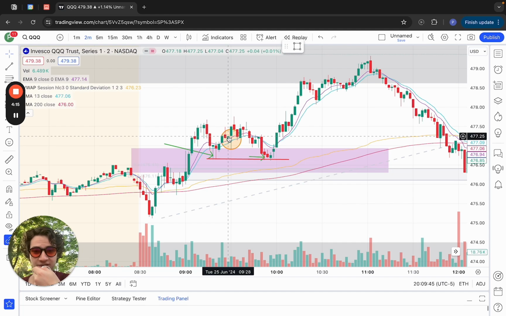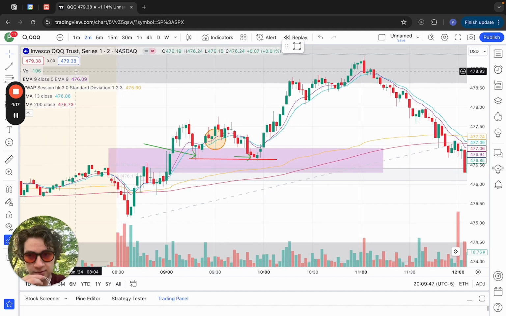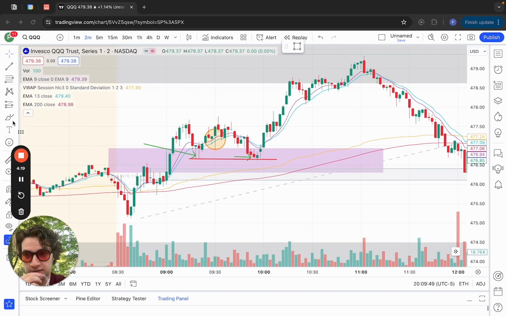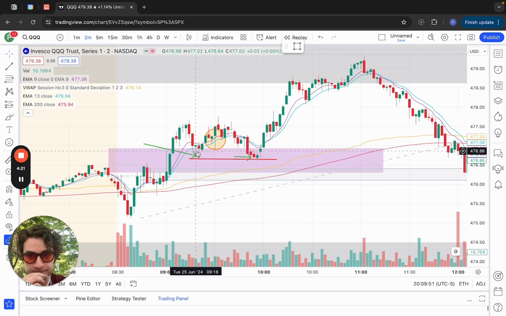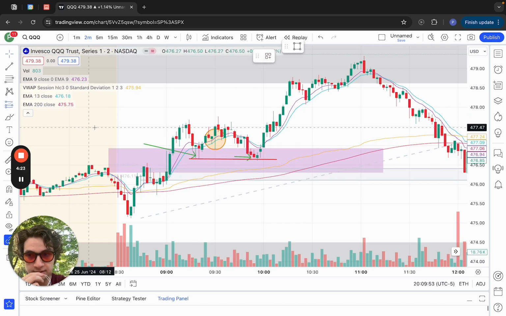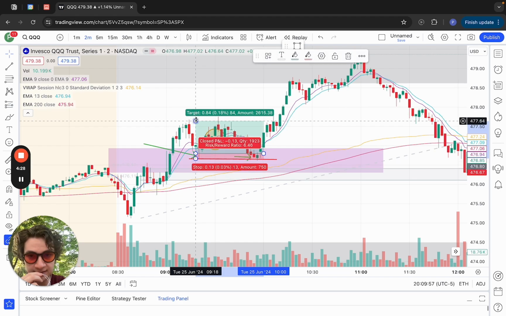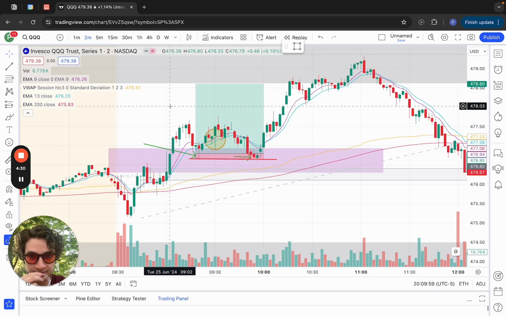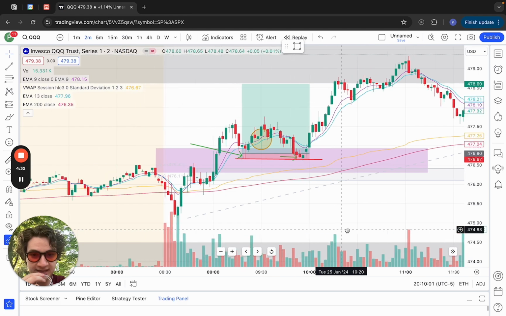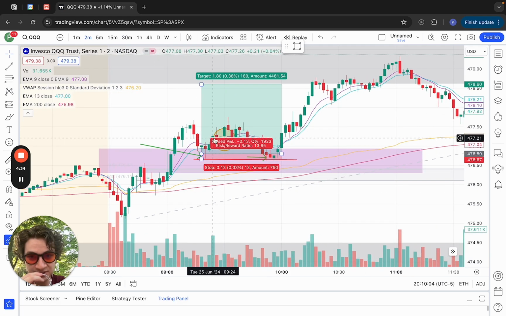This is something I'm really trying to work on, right? Because my chart looked like this, something like this, where I enter here, I put my stop under, and then I target these highs, but I kept getting scared and shaken out by these wicks up and downs.